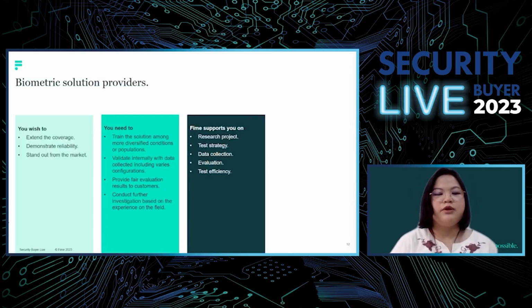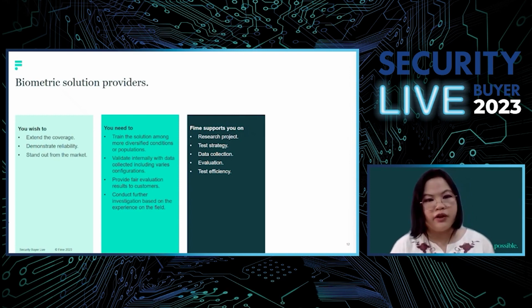As a biometric solution provider, you would wish to extend the coverage of your solution, demonstrate reliability to your end customers, and also stand out from your peers. In this case, you will need to train your solution as much as possible with more diversified conditions and configurations, and with more diversified populations.